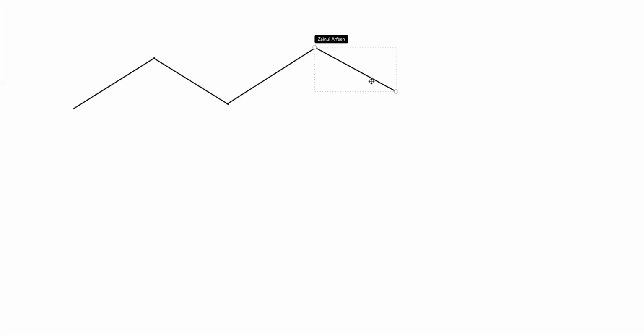How many carbon atoms are there? You can see 1, 2, 3, 4, and 5. So for 5 we use pent, and they have a single bond, so it is pentane.